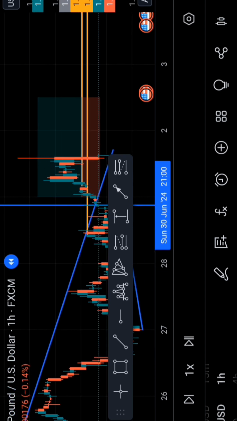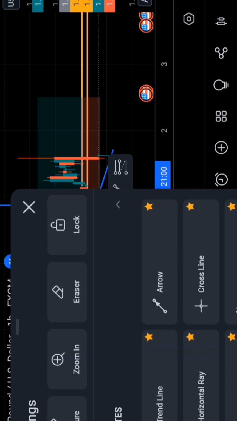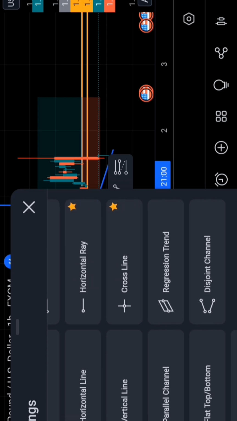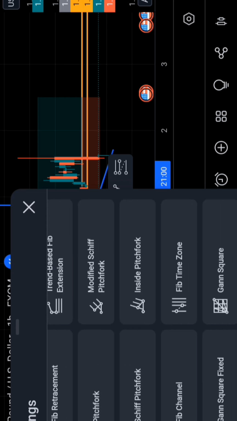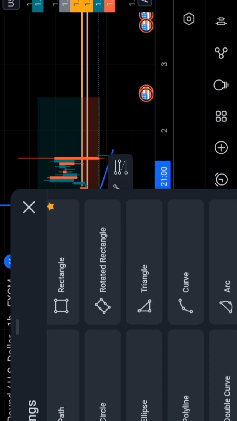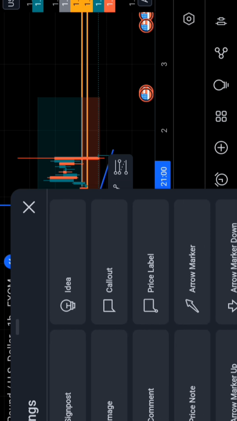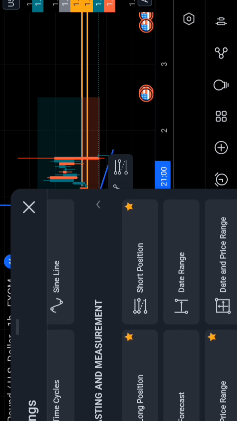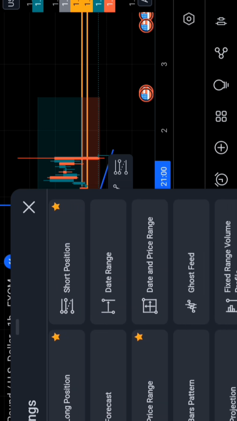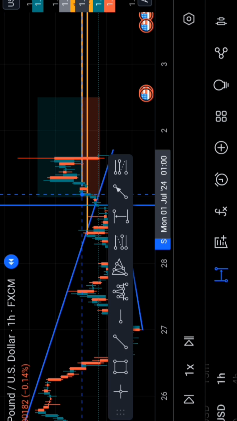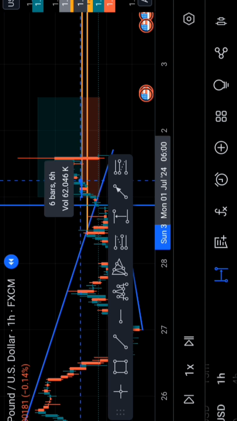This is the range, the duration, not price range, from when we entered here to when it hit TP.